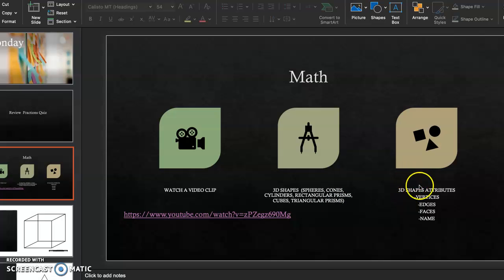Here we have some attributes of the 3D shapes. They are vertices, or vertex if you're talking about a singular vertex. If you're talking about more than one, it is vertices. Okay, then we have edges, faces, and of course the shape name.